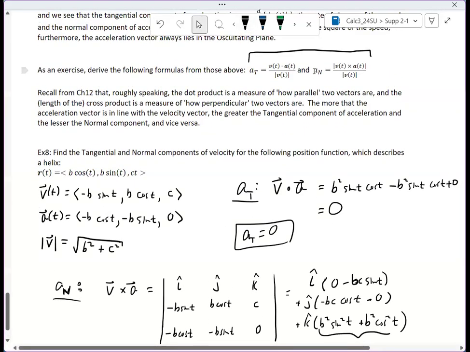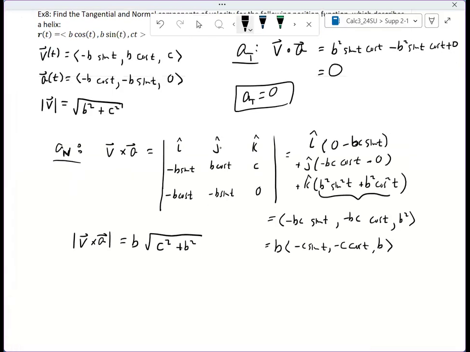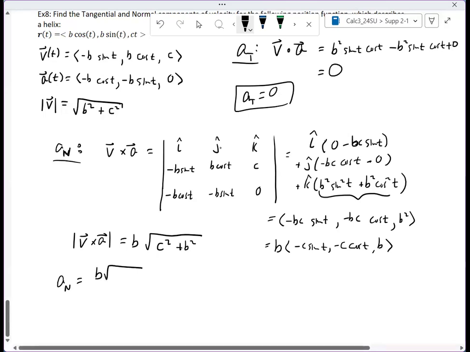So what's my normal component of acceleration? It's the length of this cross product, which I just found, divided by length v. Or the normal component of acceleration is b square root of c squared plus b squared over length v, these divide out. My normal component of acceleration is just b.